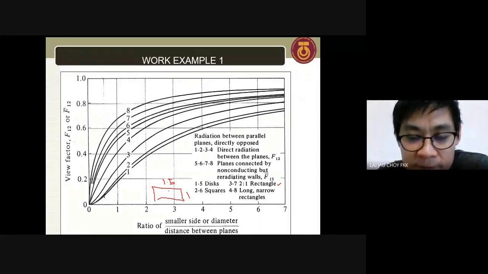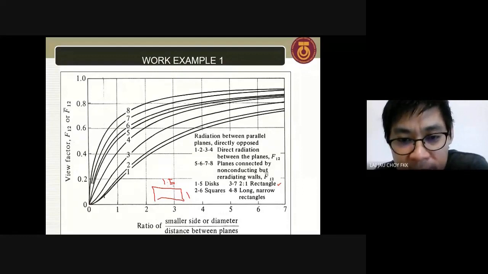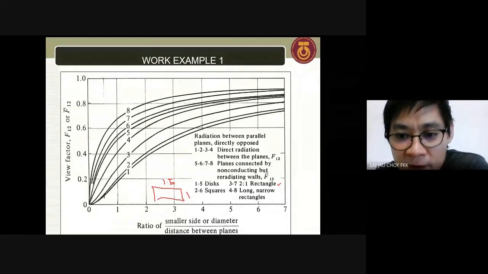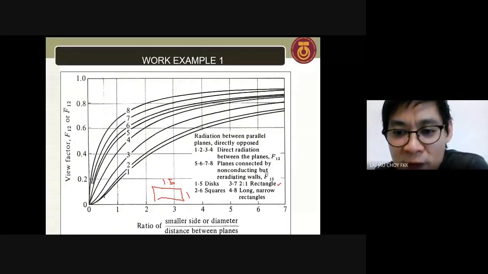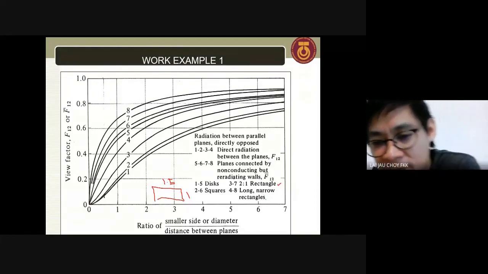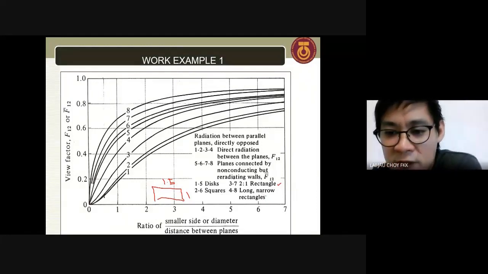So if the dimension is 1 times 1.5, I would categorize this as a 2-1 rectangle instead of a long narrow rectangle. Because to categorize a rectangle as long narrow, the length should be at least 2 times the width. You got my point?